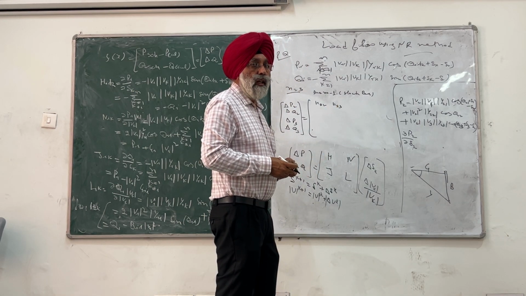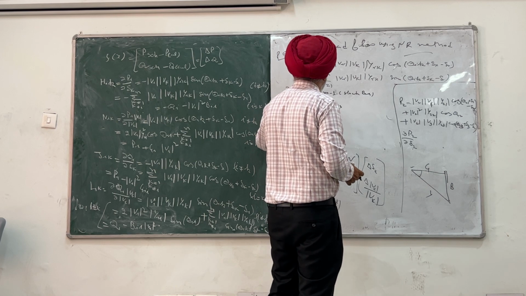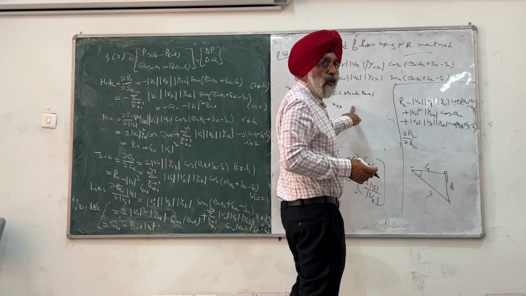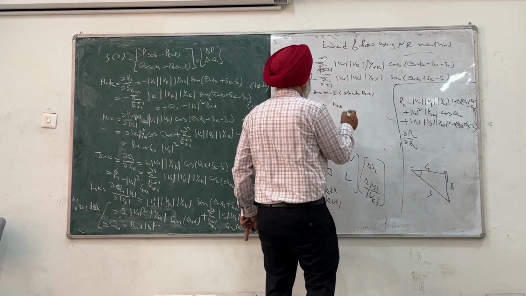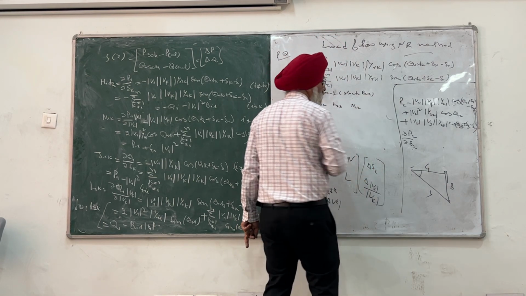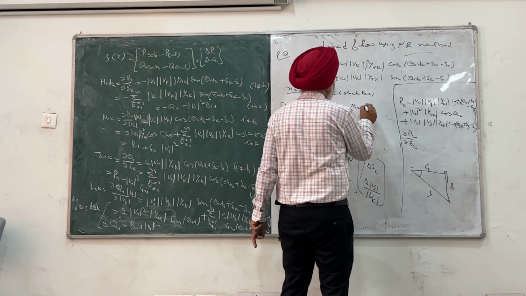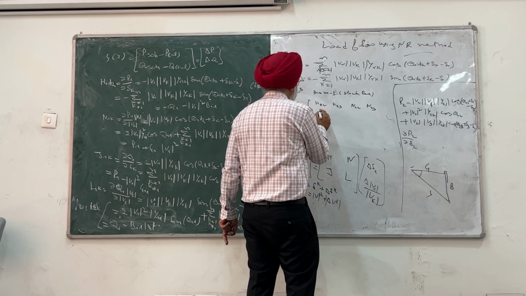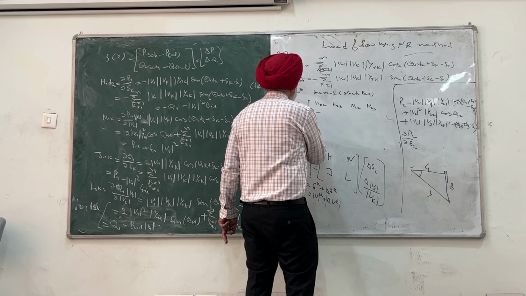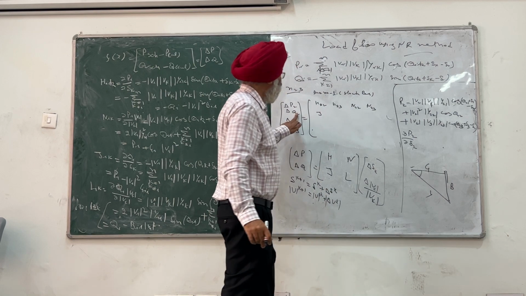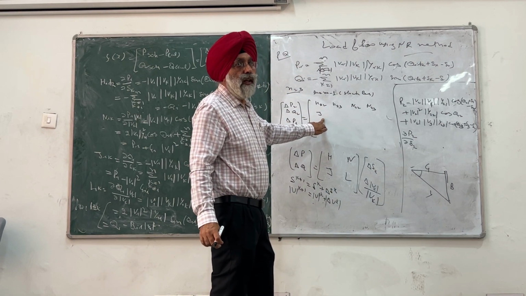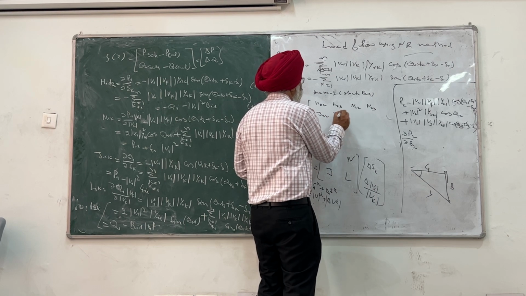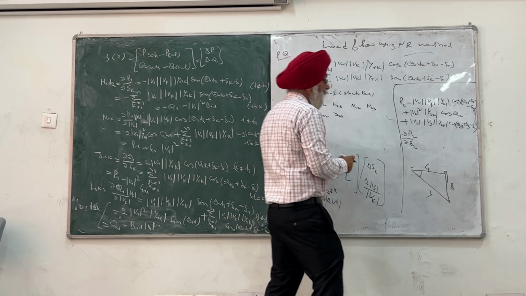So next is your derivative of P2 with respect to V2. That we call N. So we have N22 and N23. Similarly we have J, derivative of Q2 with respect to delta. So J22, J23, L2.